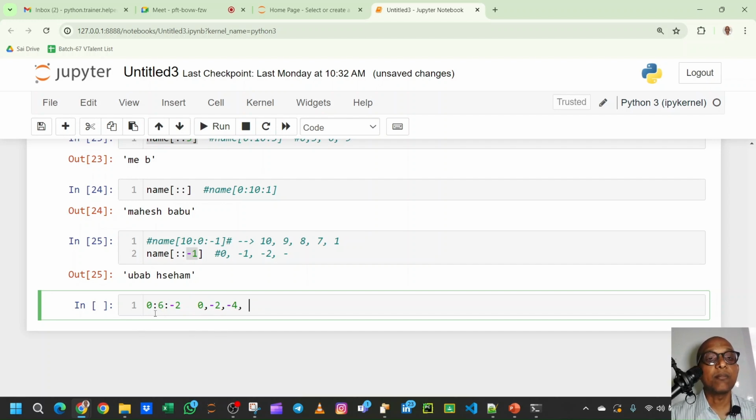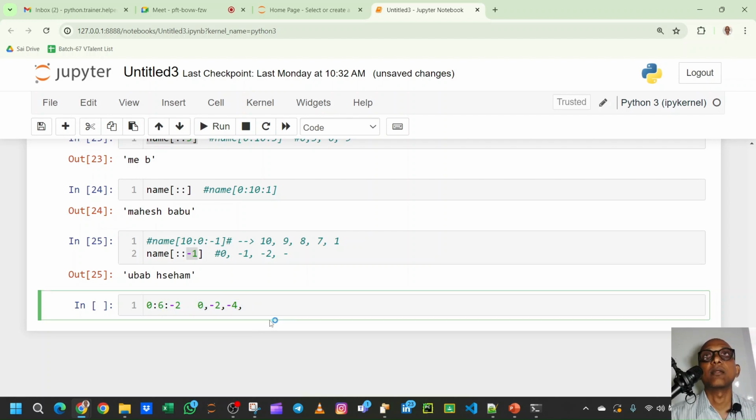Can I ever get 6? If I keep decrementing 0, -2, -4, -6, -8, it will never reach 6. At some point it should reach the ending index, but with this sequence it never will, correct?